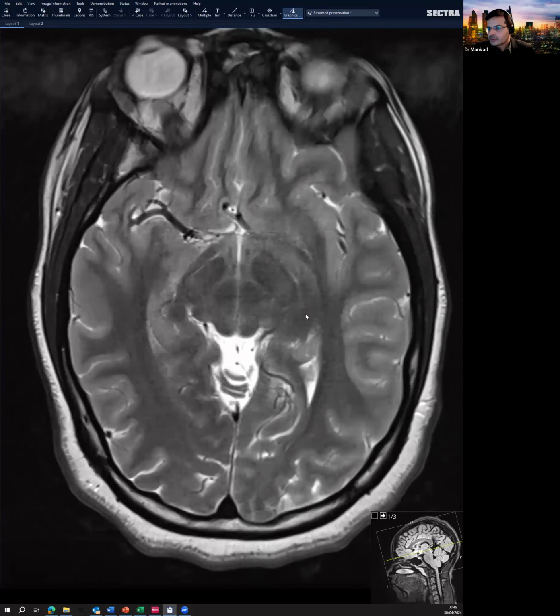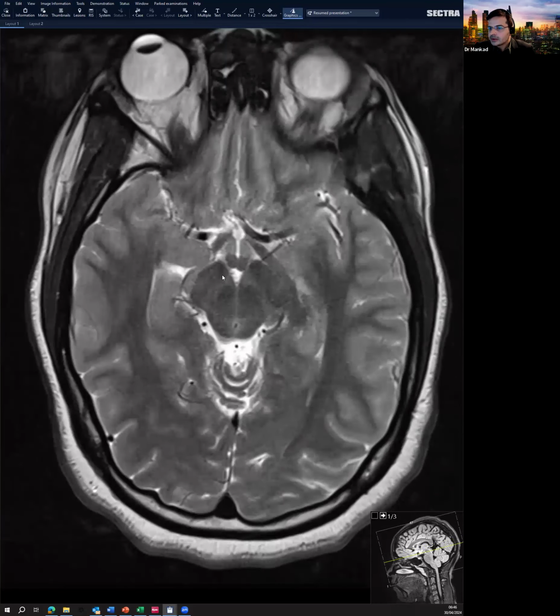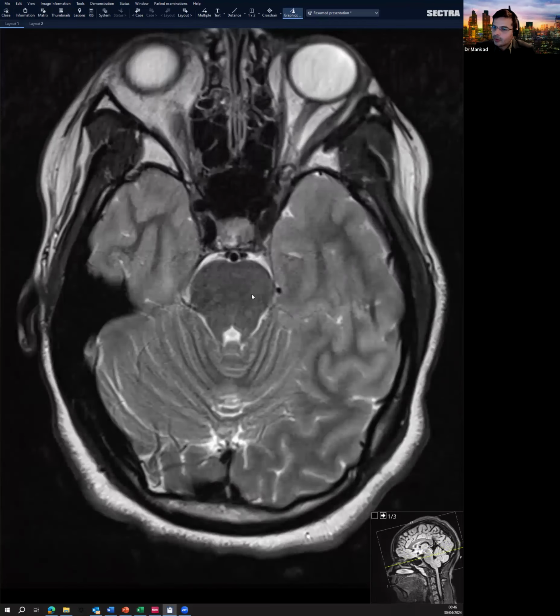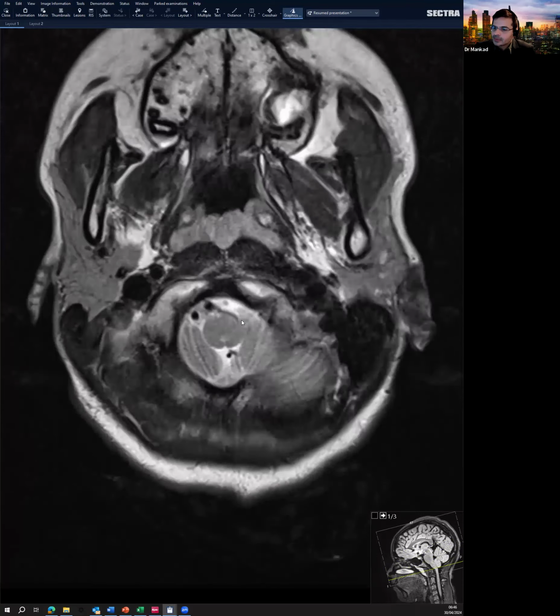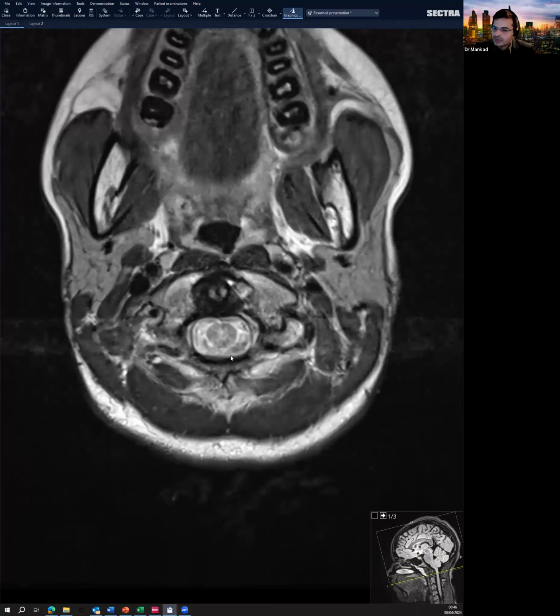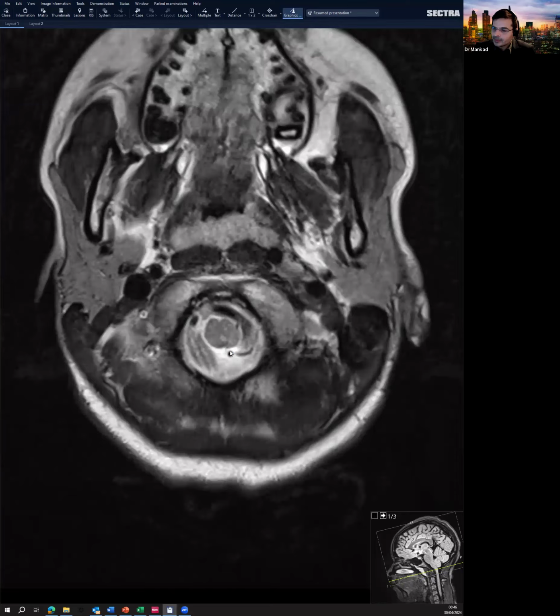Lower down, as we keep going, we encounter the brainstem structures and the corticospinal tract still appearing quite dark, going down through the brainstem all the way into the medulla and then into the spinal cord, which is the cervical spinal cord at that level.